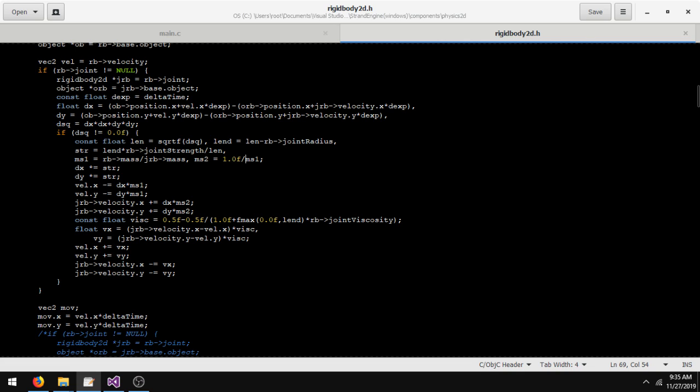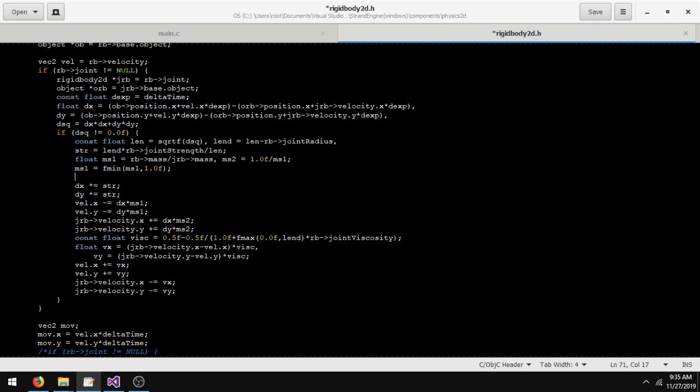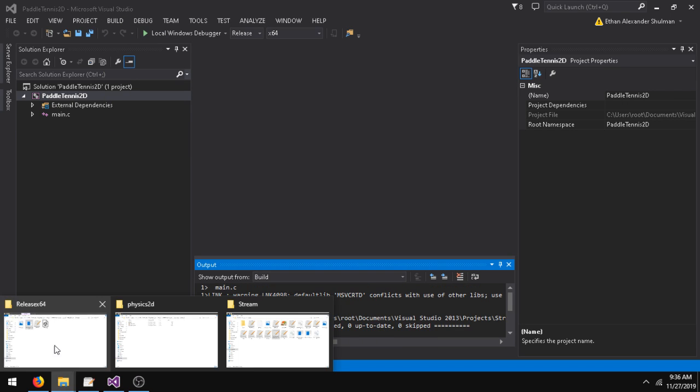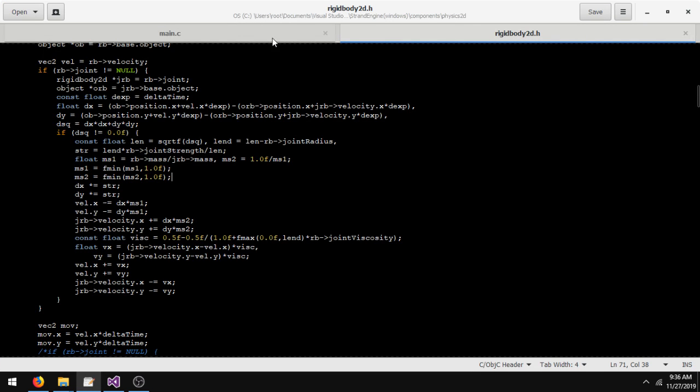Limiting each of these to 1. Well, that actually seems to work pretty well.